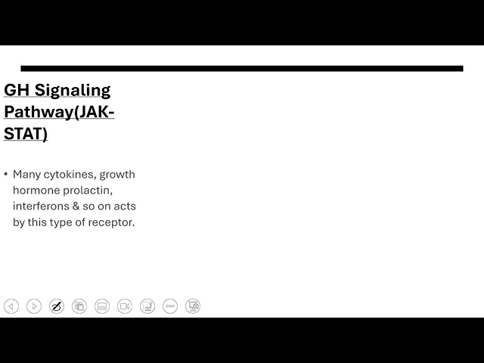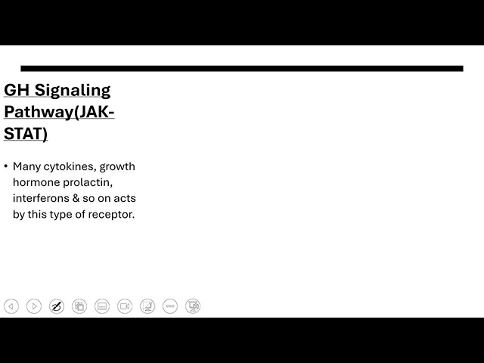So this is the pathway that growth hormone follows for its biological actions, that is the JAK-STAT pathway, and this pathway is also used by various cytokines, growth hormone as well as prolactin, and various immunoproteins, interferons, that all work by the JAK-STAT pathway.